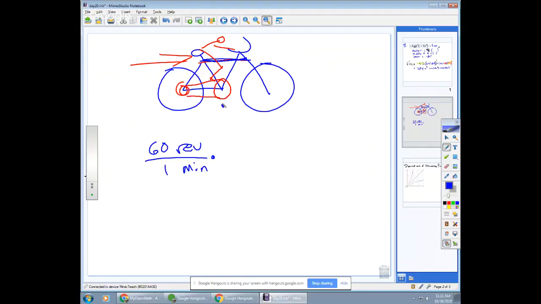Let's suppose this has 52 teeth and this has 13 teeth. Usually there's a smaller one in back if you're looking for speed. 13 times 4 is 52. So every time this thing moves once, that thing moves 4 times. So 1 revolution in front is going to give me 4 revolutions in back.